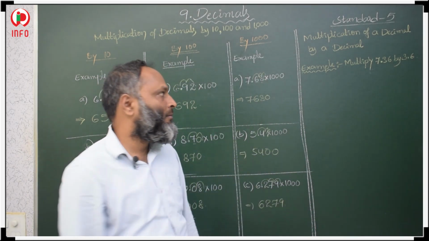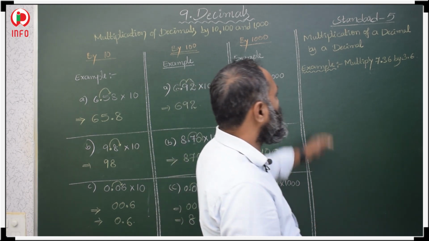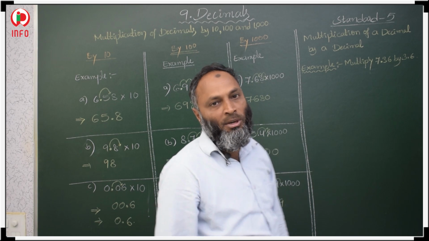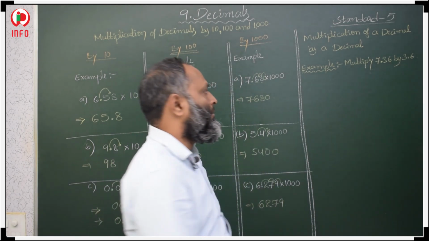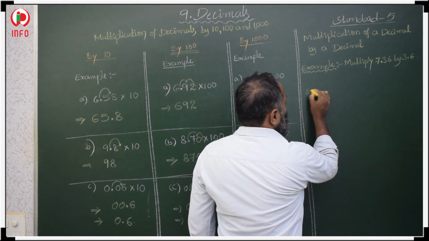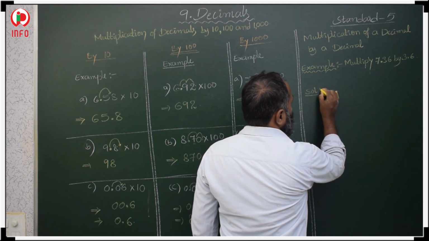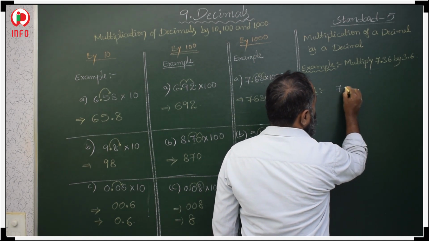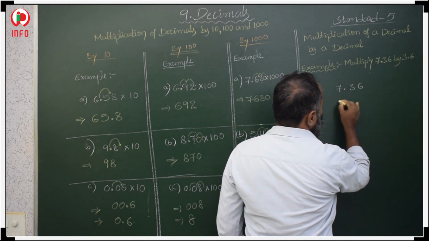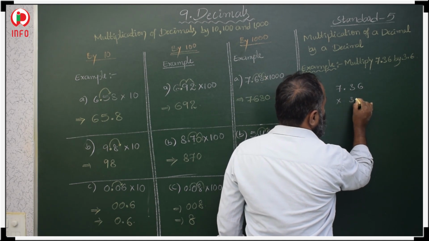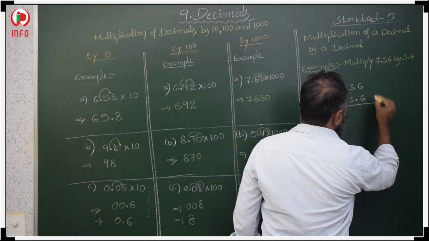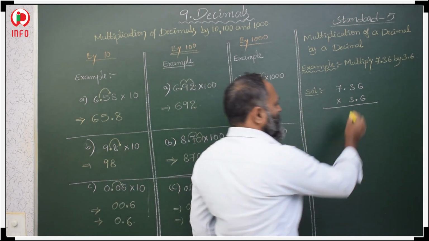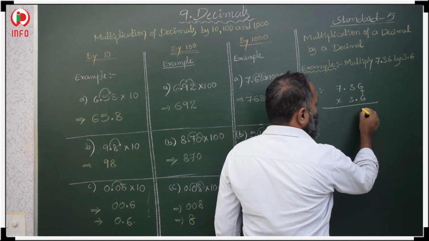Okay, now the next concept, multiplication only, decimal number by decimal number. How to multiply a decimal number with a decimal number. See here, in the example the decimal number is 7.36 multiplied with 3.6. First multiply 6 with 6, 6 sixes are 36.